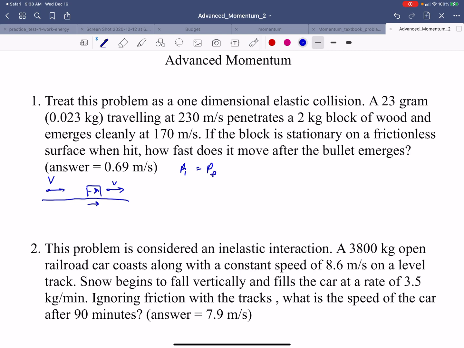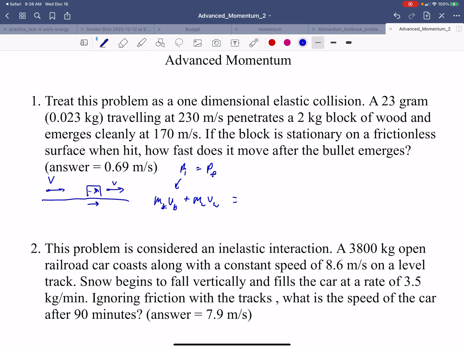In this case, we're not losing any momentum to any other type of impulse. So this is just the momentum of the system. We have two objects in the system. So this is going to be the mass of the bullet times the velocity of the bullet, plus the mass of the wood times the velocity of the wood. That was initial.